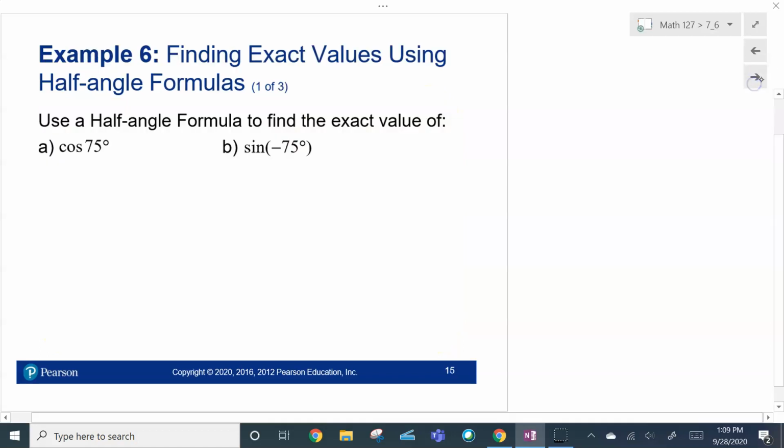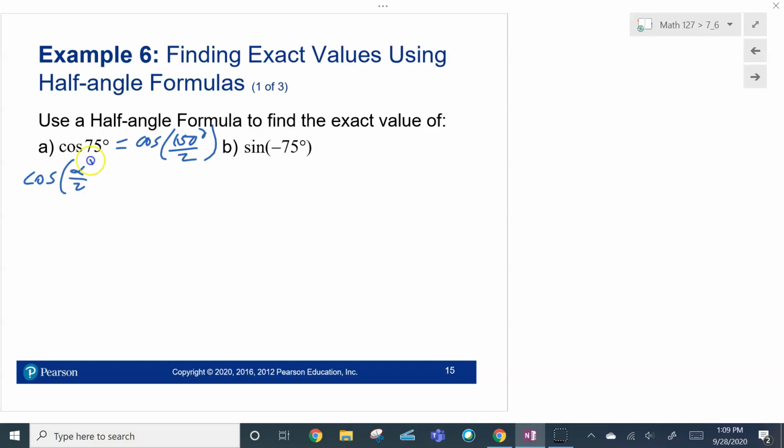So let's do cosine 75 degrees. Well, I know 75 degrees is the same as 150 degrees over 2, right? So according to our half angle formula, we have cosine alpha over 2 is plus or minus the square root of 1 plus cosine alpha all over 2.